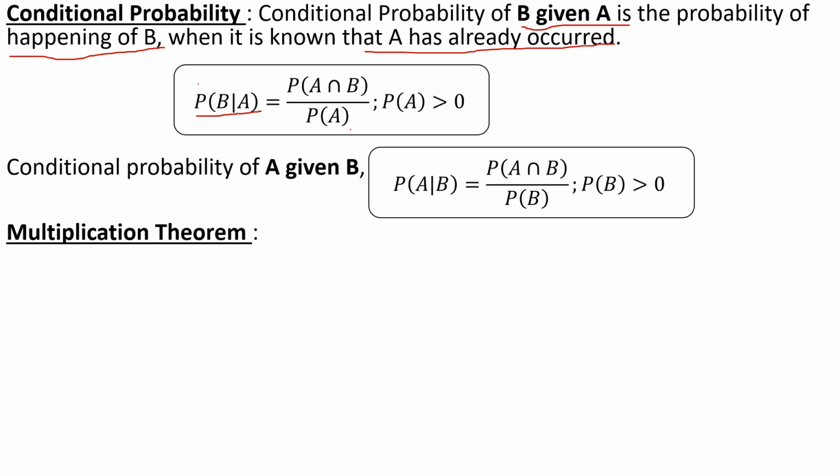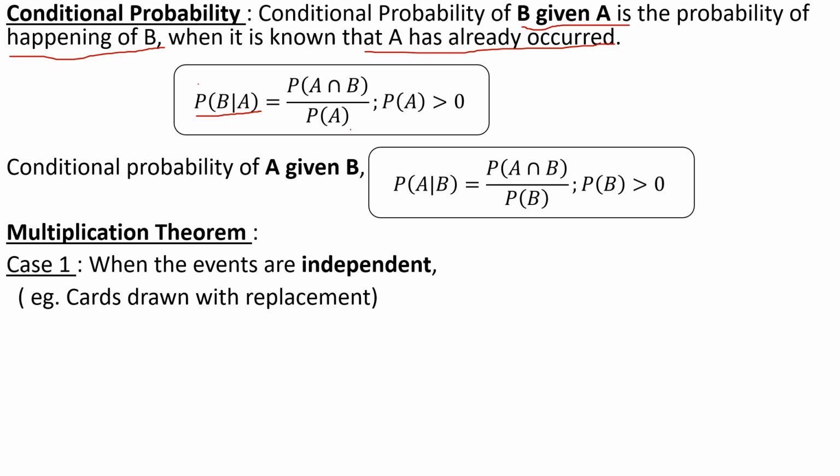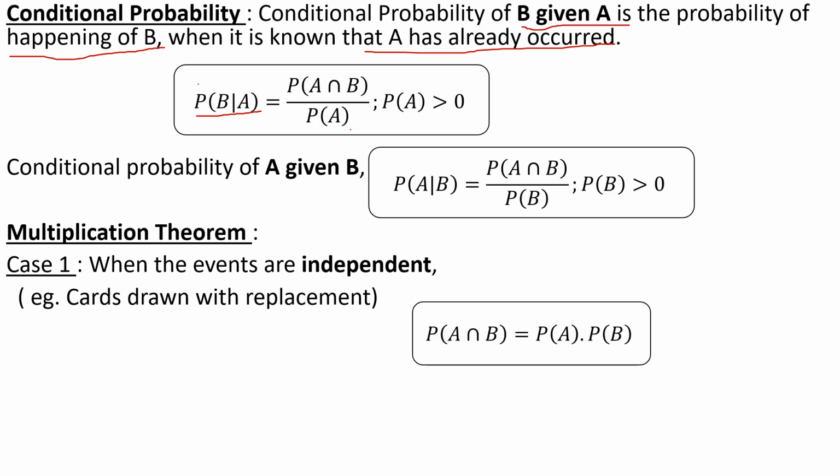Multiplication theorem. When the events are independent, for example cards drawn with replacement, you pick a card, replace it back, then pick the next card. So picking the first card and second card becomes independent events.